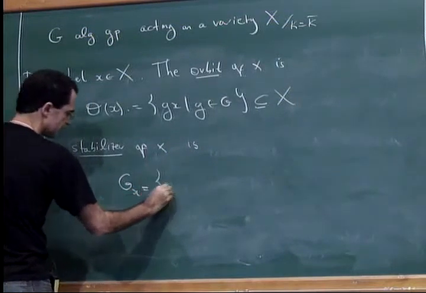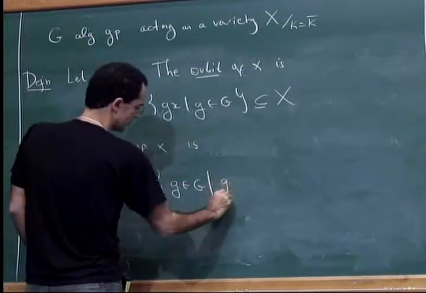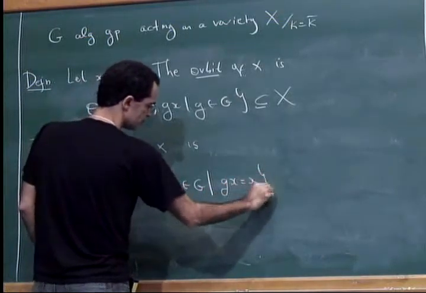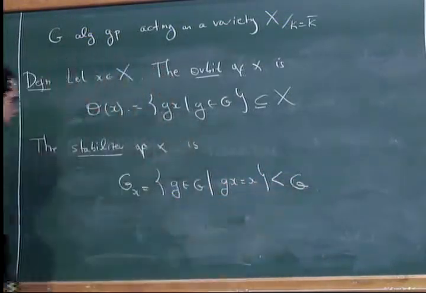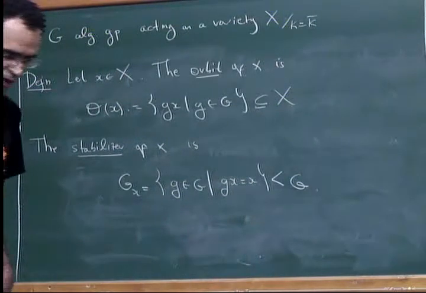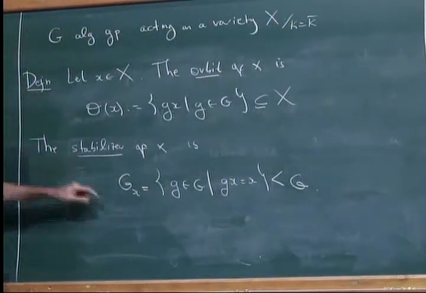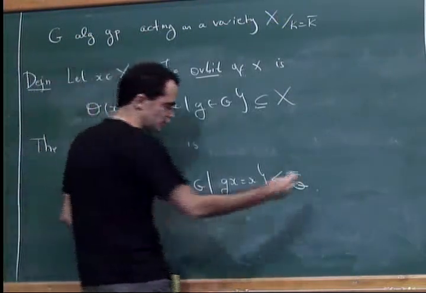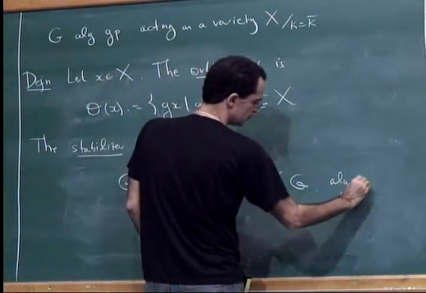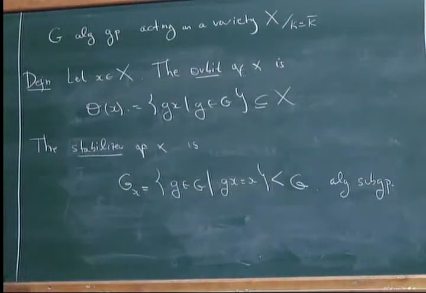So it's a subgroup of G of those elements that fix my point. Of course, the condition of multiplication and everything is algebraic. So this is more than just a subgroup, it's an algebraic subgroup. So it's a closed subvariety.